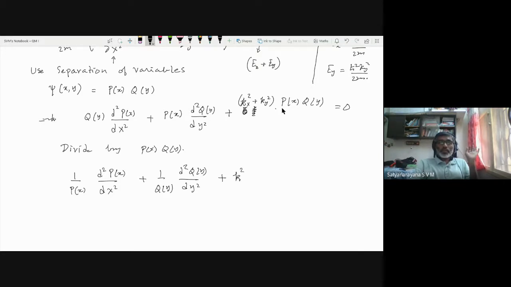Now p of x and q of y both cancel out. This is equal to 0. Now this k square is a constant. So this first term is only a function of x, and this is completely a function of y.